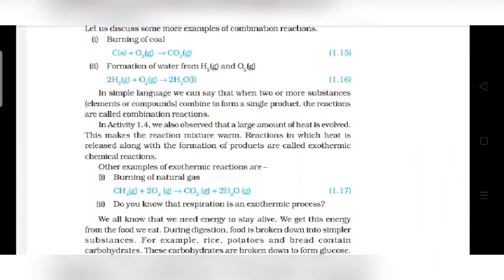Now in activity 1.4 we also observe that a large amount of heat is evolved. This makes the reaction mixture warm.